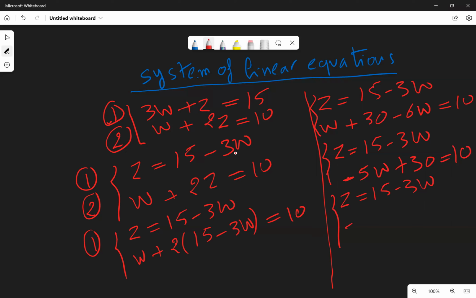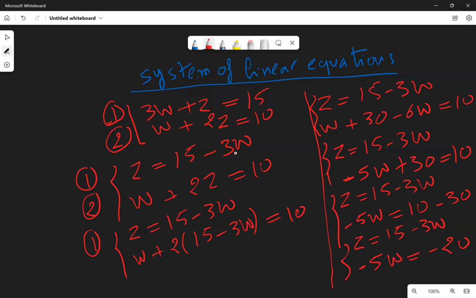We're left with minus 5w on the left side, equals 10 minus 30. So we get minus 5w equals minus 20.